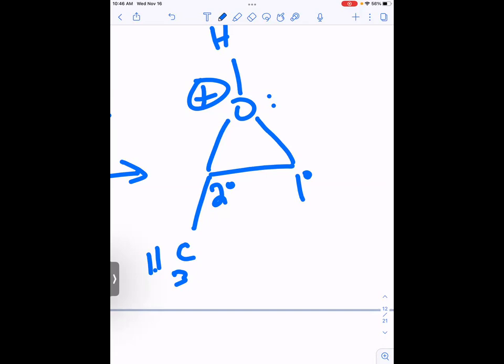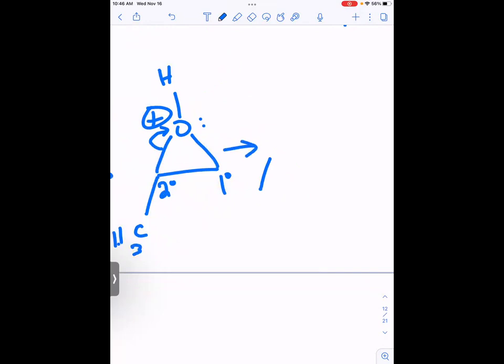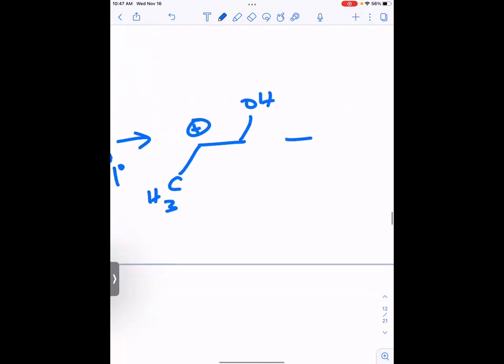Secondary. So if I pop this open, it's more likely to open on that side. So then I would have a plus charge here and then OH like that, right? And then my nucleophile can now come in and attack that.